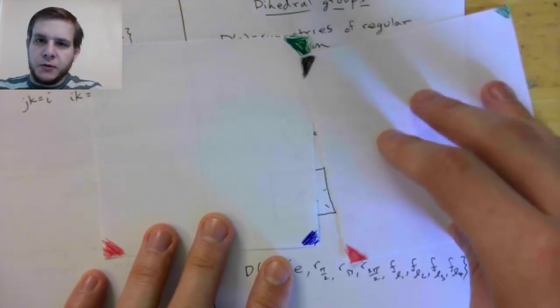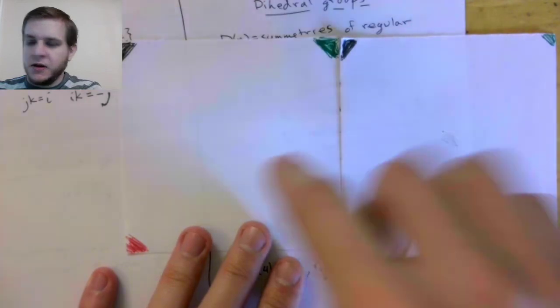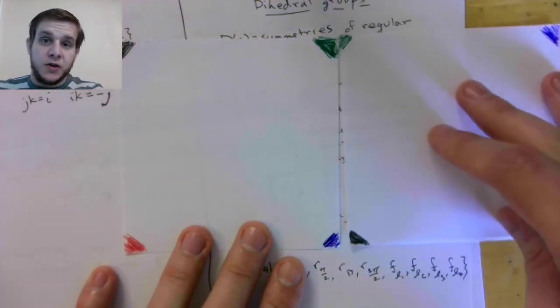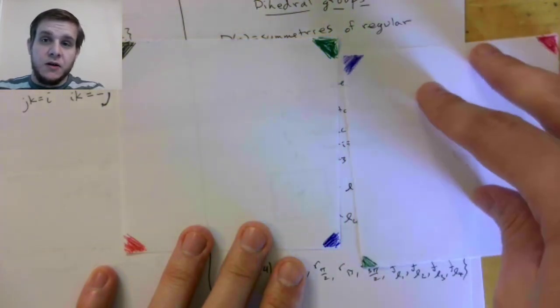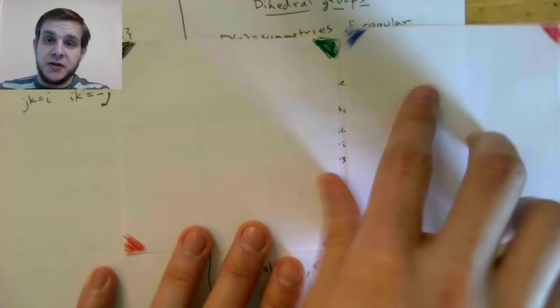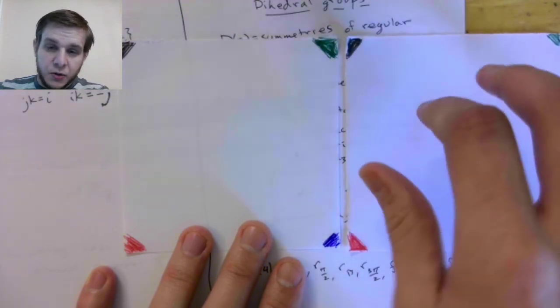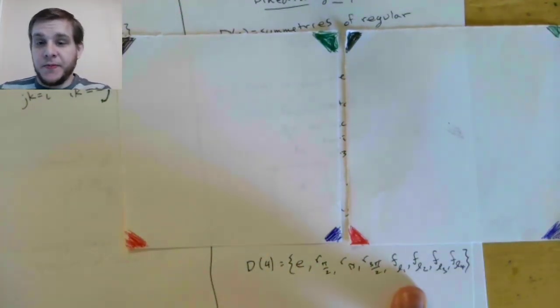And if I do a full rotation, I haven't done anything to the square. So the map that takes this square to this square is the identity. From this square to this square is rotation by 90 degrees, then 180 degrees, 270. So you can see that the group generated by rotation by 90 degrees is a cyclic group of order 4.